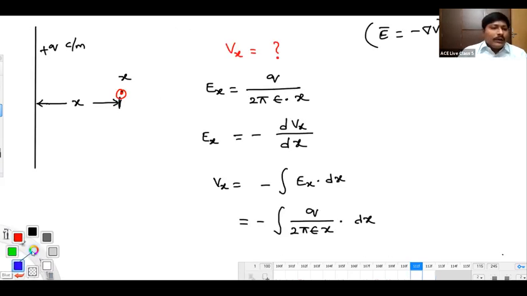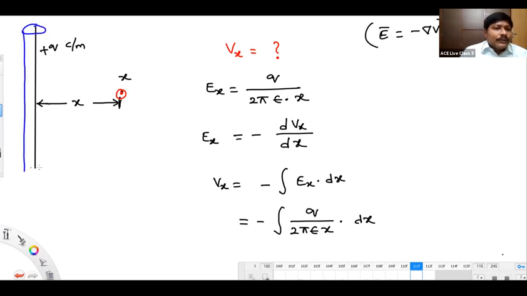Okay, so now one small change I want to make here. Let me identify the size of this conductor for the time being.